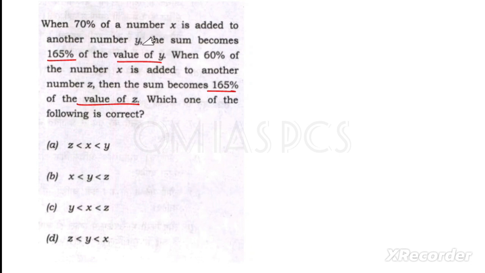We have to consider x is equal to 100. In this question we will use the decimal form. So 70% of 100 is added to another number y, and it becomes 165% of y. 165% means 165 by 100, that is 1.65 y.